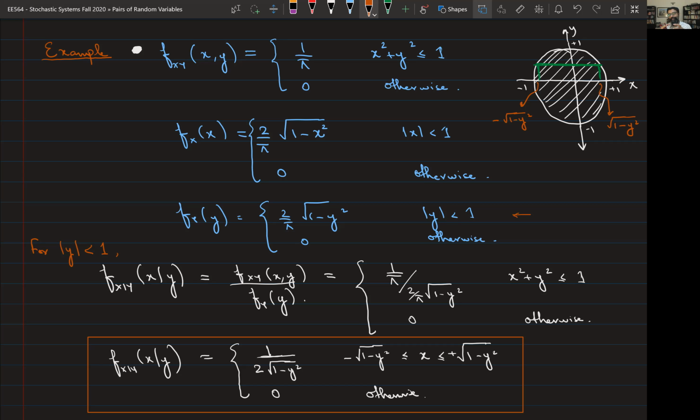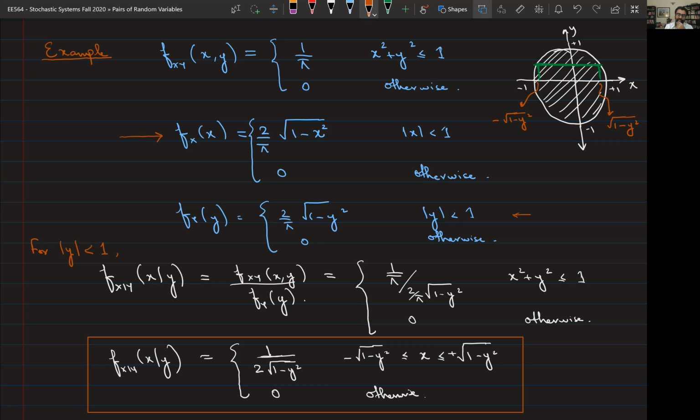These types of discussions give you an idea of what these conditional PDFs represent. One of the other things I want you to observe is that the PDF on X was not uniform; it was like this.